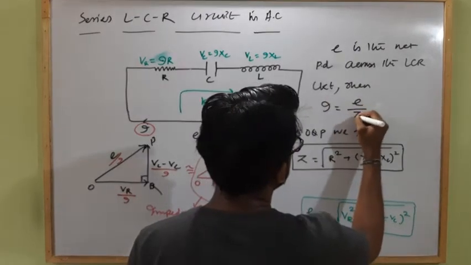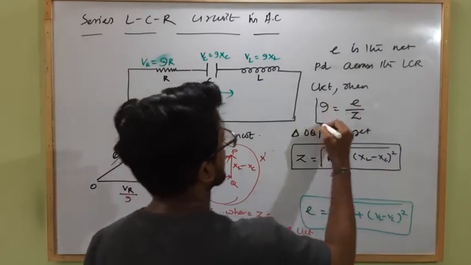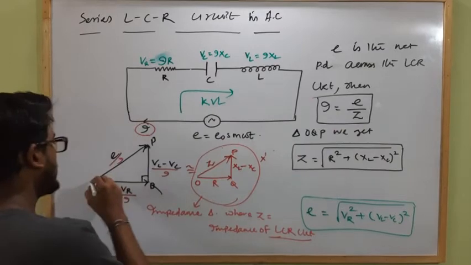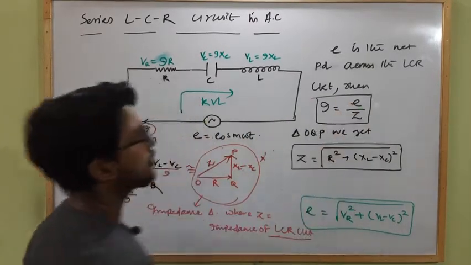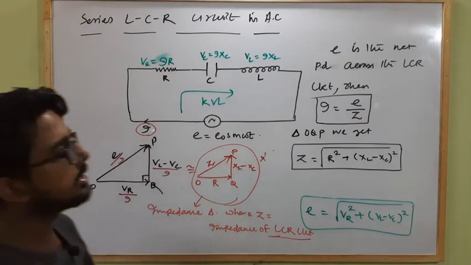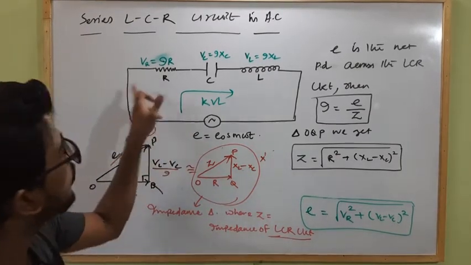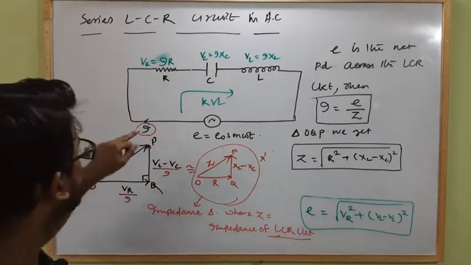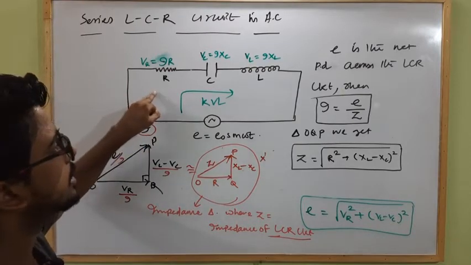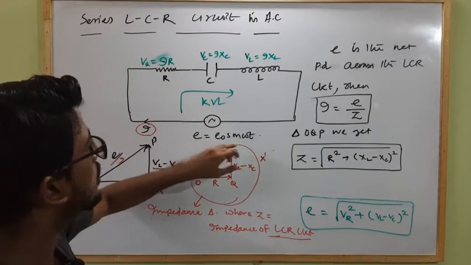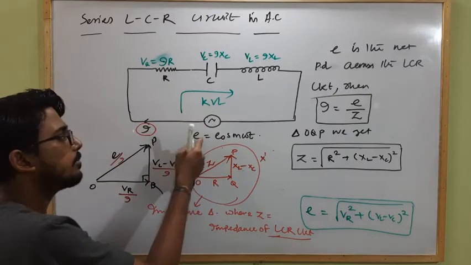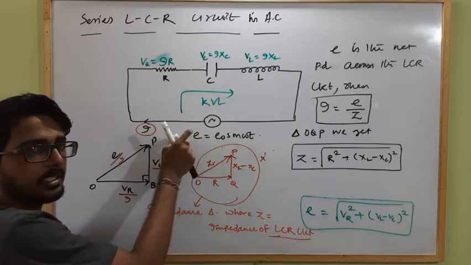E by Z. Clear? Because E by I equals Z, so I equals E by Z. So if I is the instantaneous current flowing through this LCR circuit, the instantaneous EMF of the alternating source equals E naught sin omega t, which is already the RMS value of E we have taken.